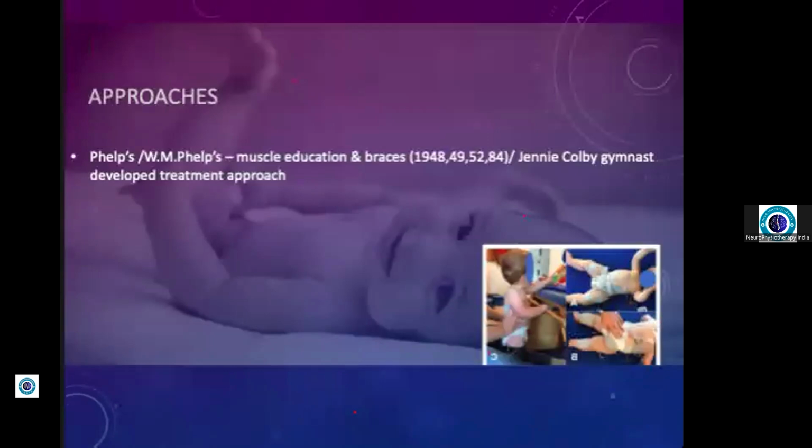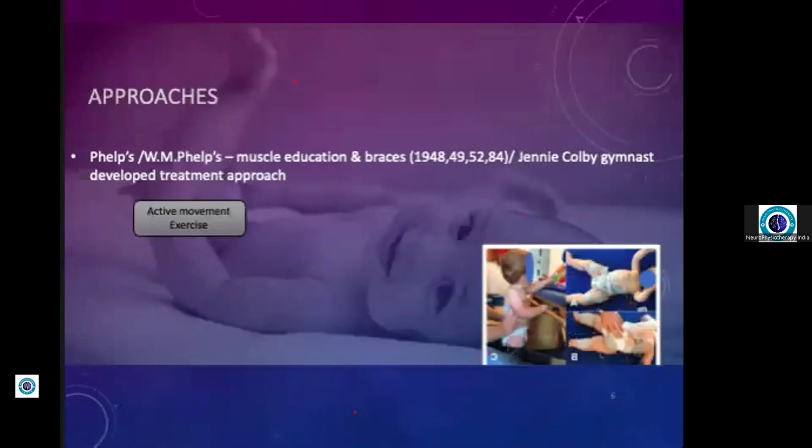If I go back to yesterday, what was the therapy we were giving to children? Previously, in 1948, 49, 52 and so on, we were giving the approach of Phelps.